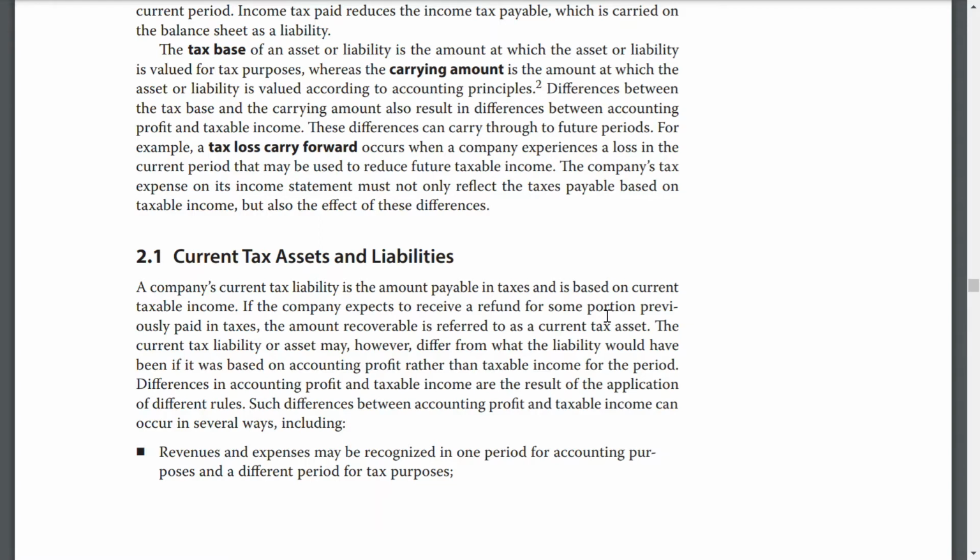Current tax liability is the amount payable in taxes and is the base for current taxable income. If the company expects to receive a refund for some portion previously paid in taxes, the amount recoverable is referred to as a current tax asset.